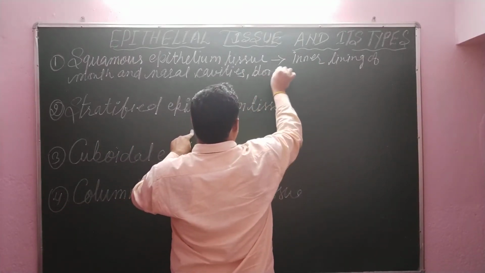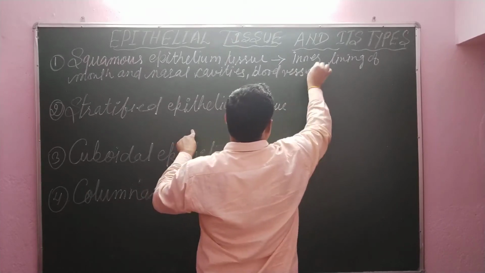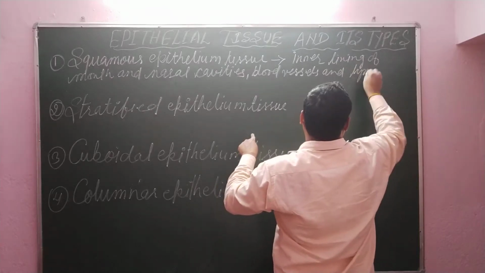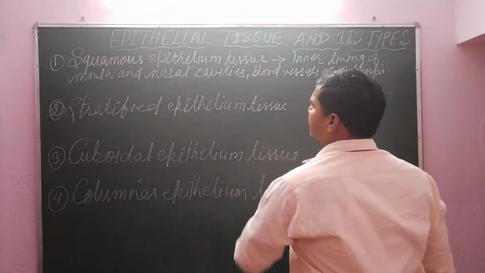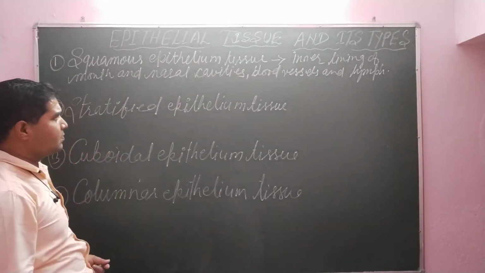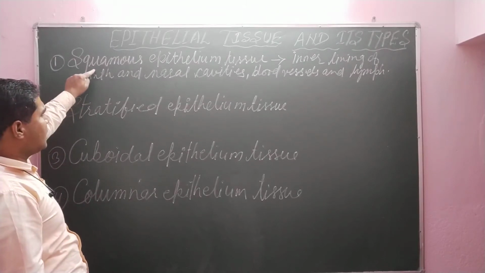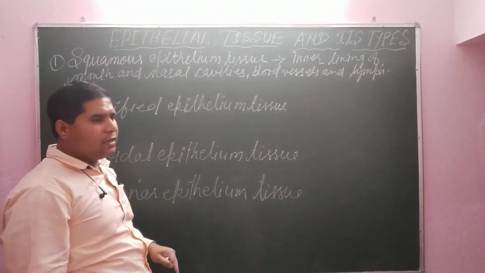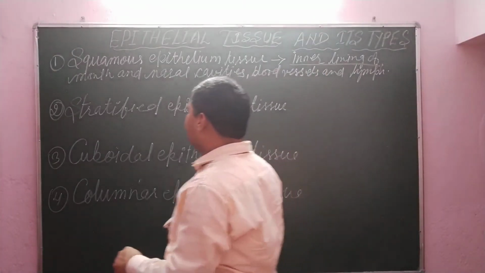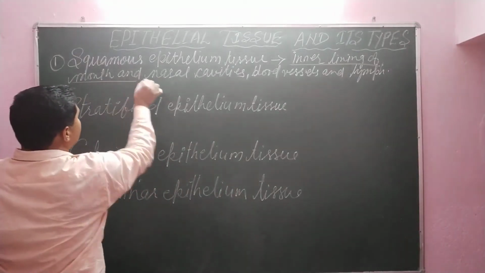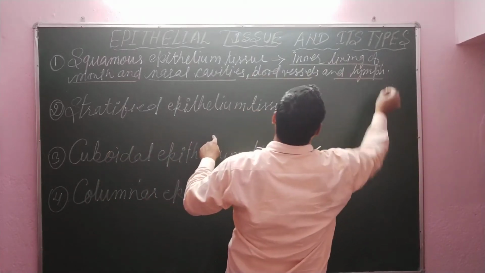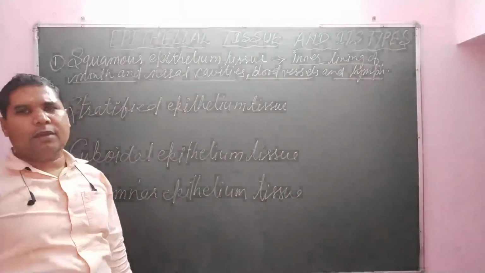Also in blood vessels and lymph. So dear student, this is the location of the squamous epithelium tissue: the inner lining of the mouth, nasal cavities, and it is also present in the blood vessels and the lymph.